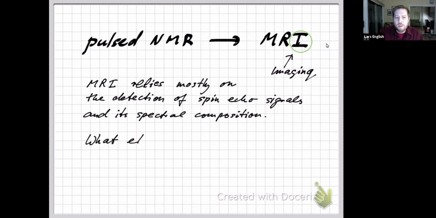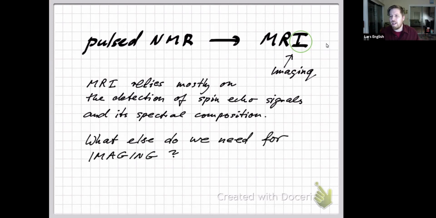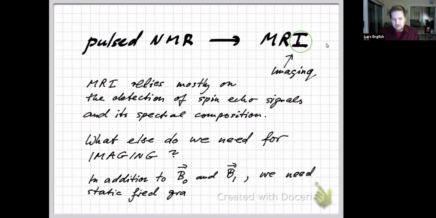There's one more big, central thing that we don't need for NMR, but we do need for MRI, and that is the addition of field gradients.